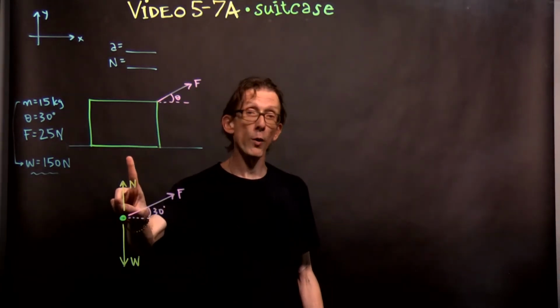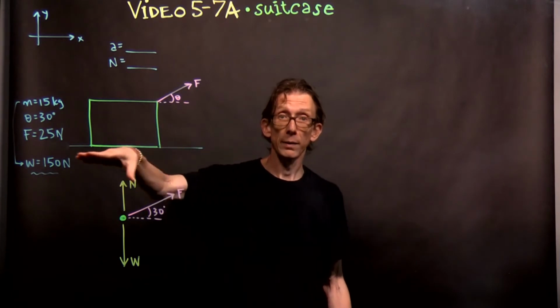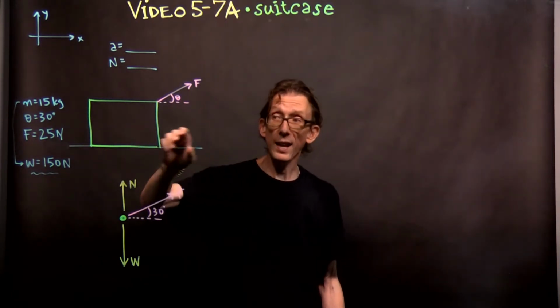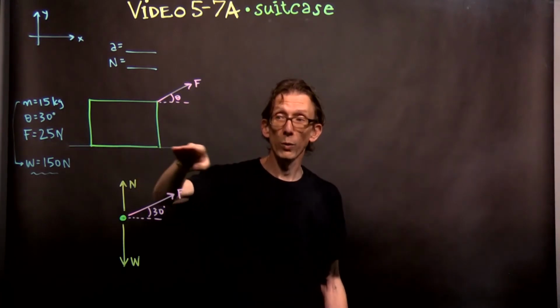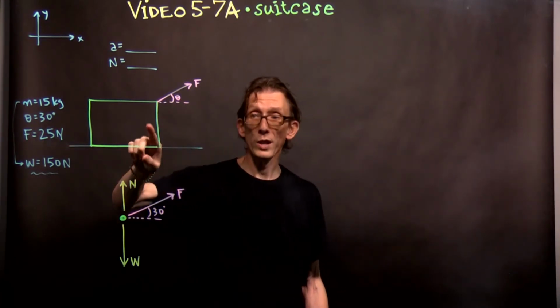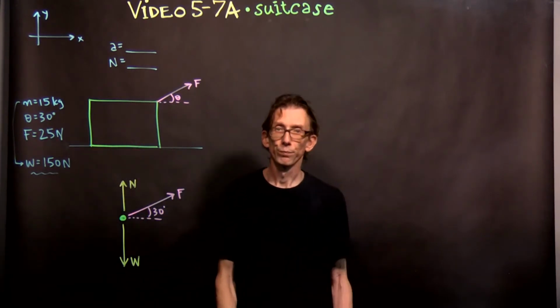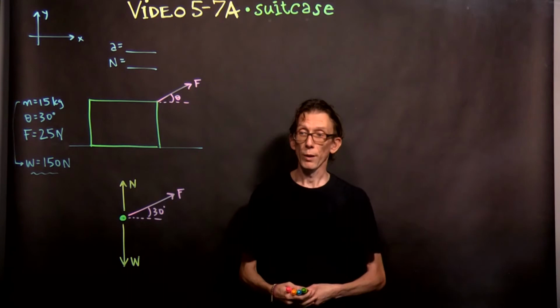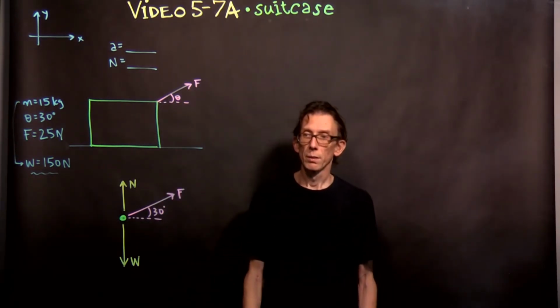The normal force is always perpendicular to the contact surface. In this case, the suitcase is in contact with the floor, which is here. So the normal force is perpendicular to the floor, which is up. Okay. Those are our forces. That's it. Those are all our forces.